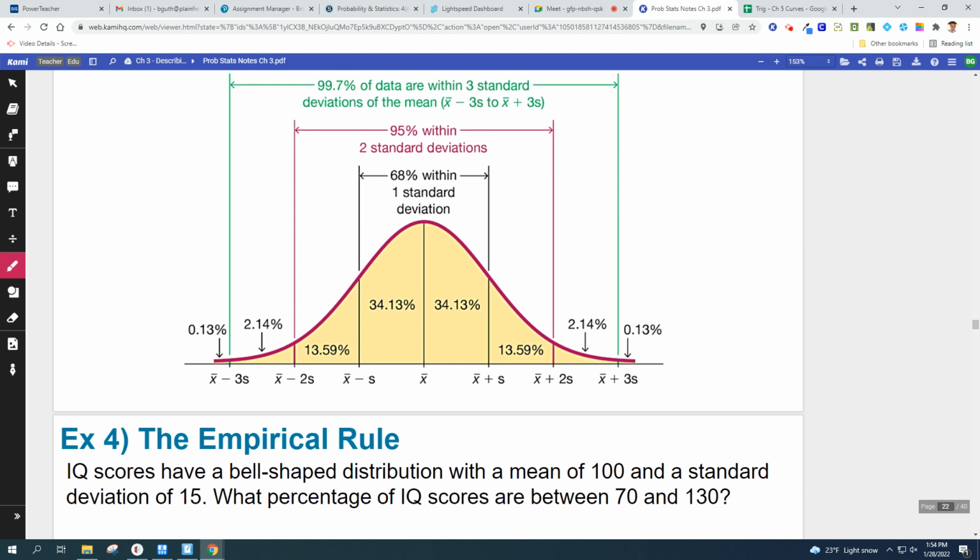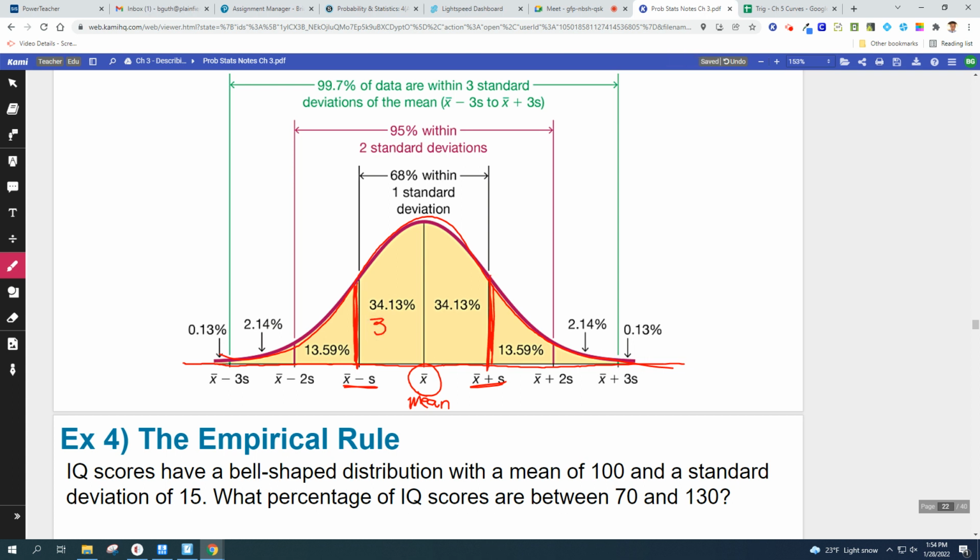Think about a number line, and you've got a bell-shaped distribution of data. The mean is right here in the middle. Then what they're talking about is take that mean and you add 1 standard deviation or you subtract 1 standard deviation to get some kind of range of numbers.